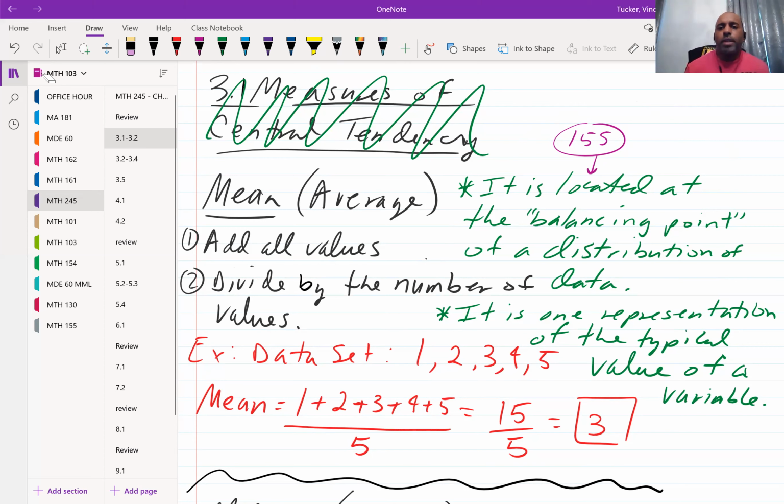It says it is located at the balancing point of a distribution of data. It is also one representation of a typical value in your data set.